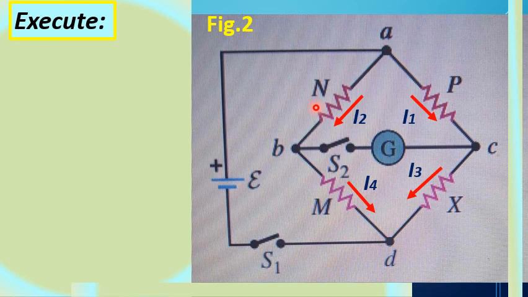We indicate and label each current that passes through each resistor as shown.